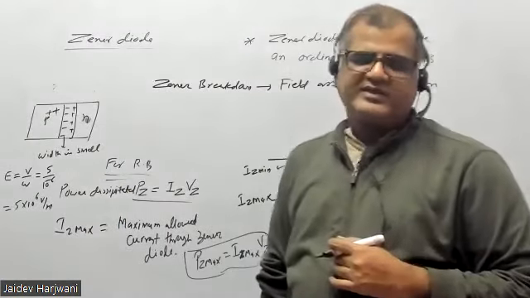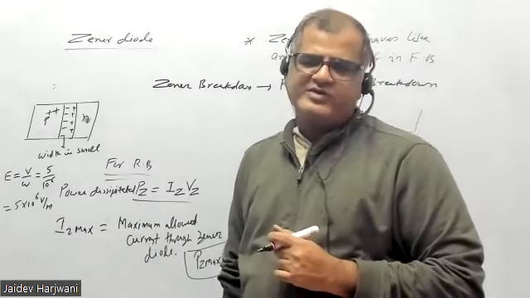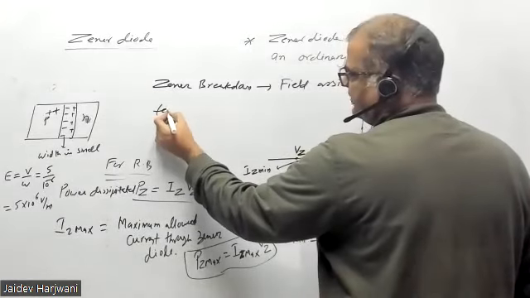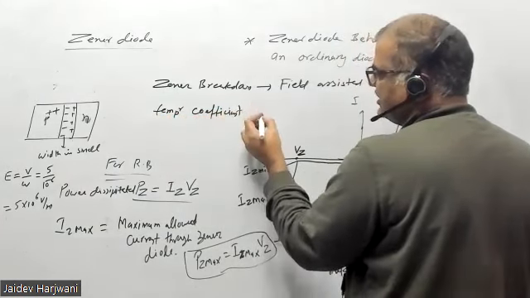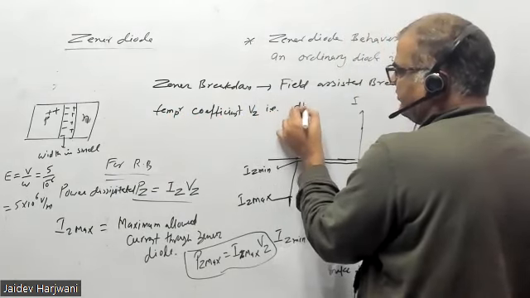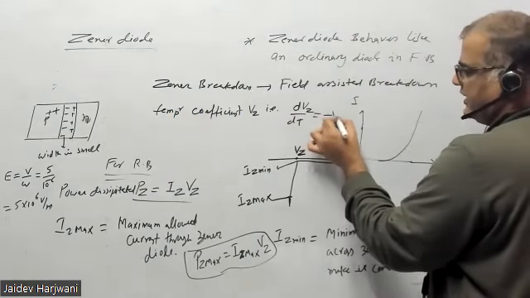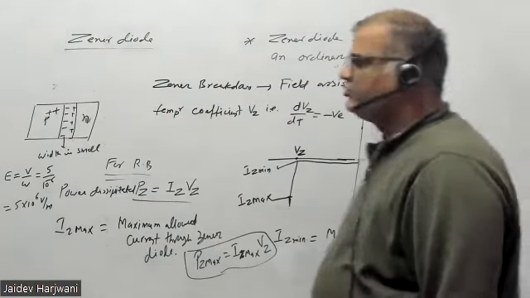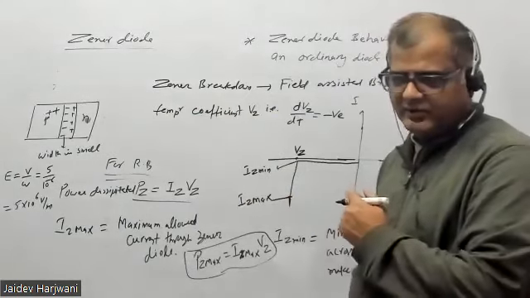If you make the junction temperature 400, then you may require only 4.8 or 4.7 volts. So the temperature coefficient of VZ, that is delta VZ upon delta T, is negative. That means if your temperature is high, Zener breakdown will happen at a lesser voltage.